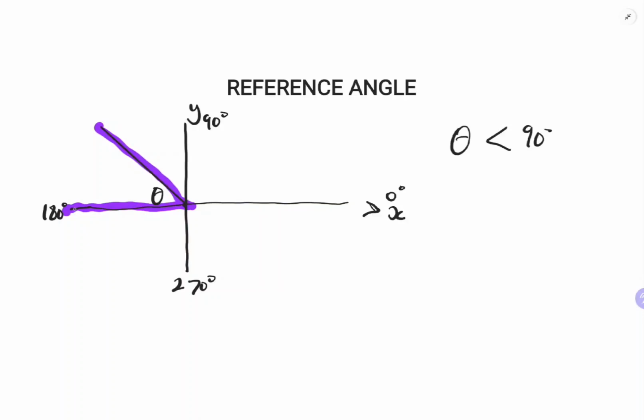As you can see, it's between the x and this line that stems from the center, your radius, hypotenuse, whatever you want to call it. So always the reference angle is the angle between the x line and the line that stems from the center, your radius.